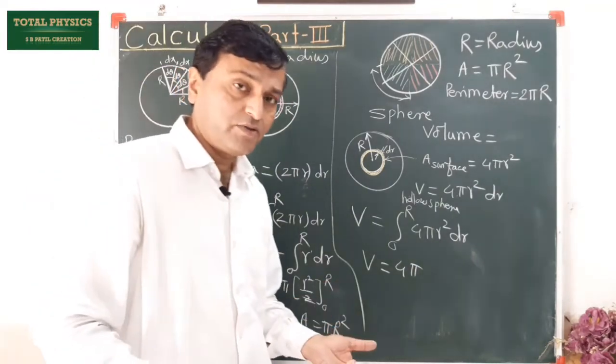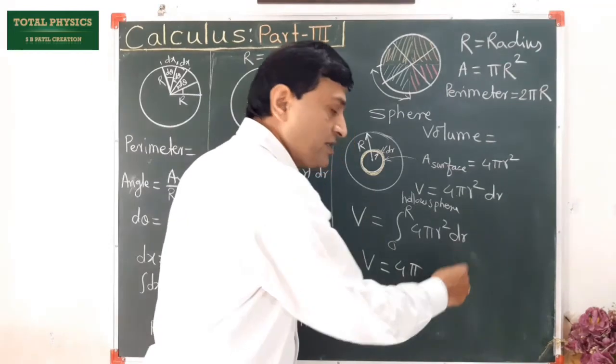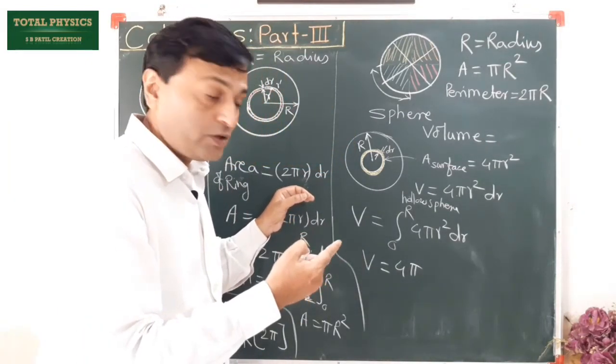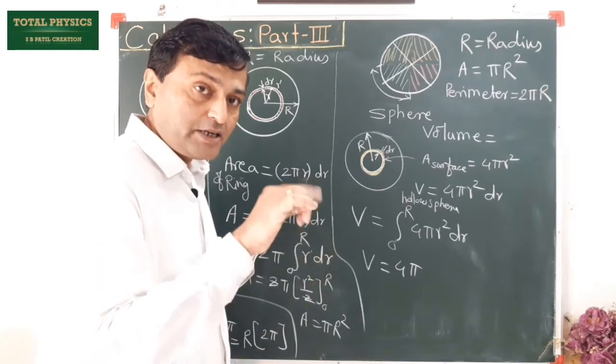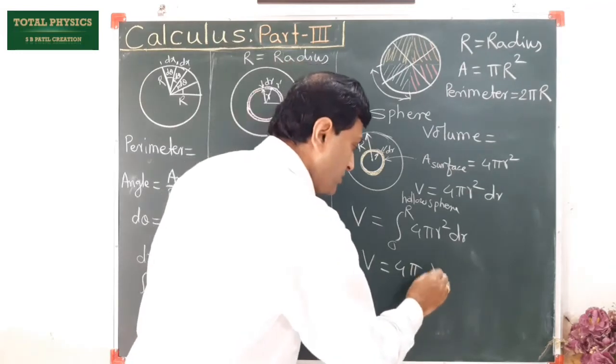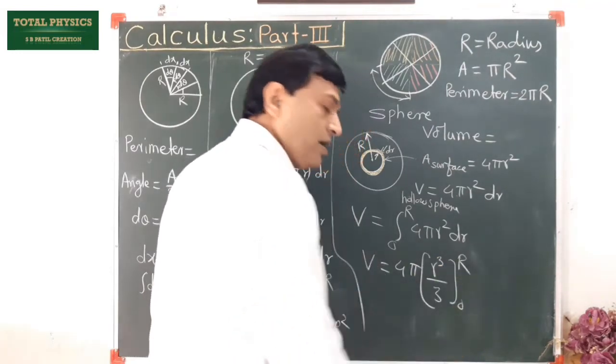The integration of r squared with respect to r, again the formula: treat that 2 as n, so r raised to n plus 1, r raised to 2 plus 1, r raised to 3, r cubed upon 3, from 0 to R.